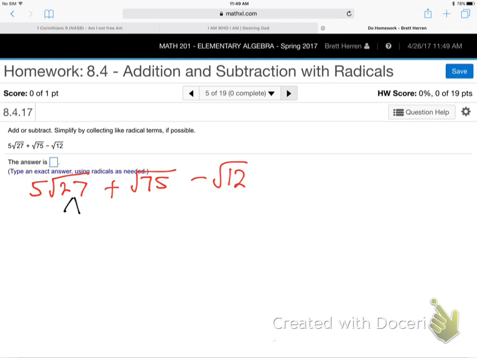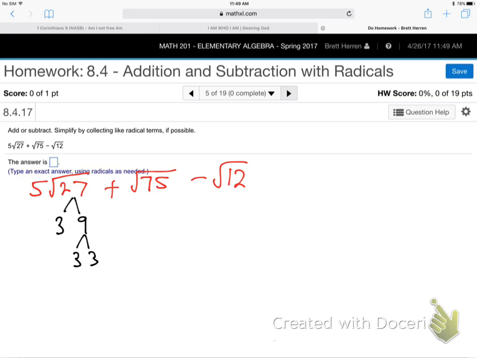So break down that 27. 3 times 9, 3 times 3. So remember, when you send a 3 to the front, it's going to multiply that 5 that's in the front to be 15, isn't it?